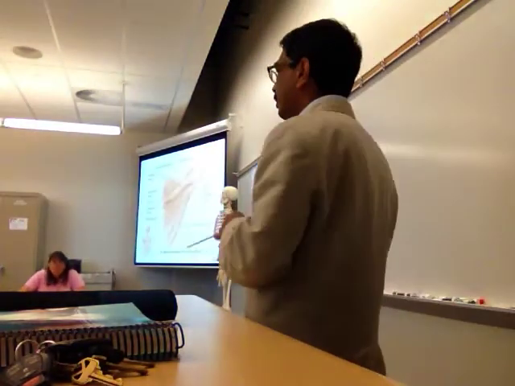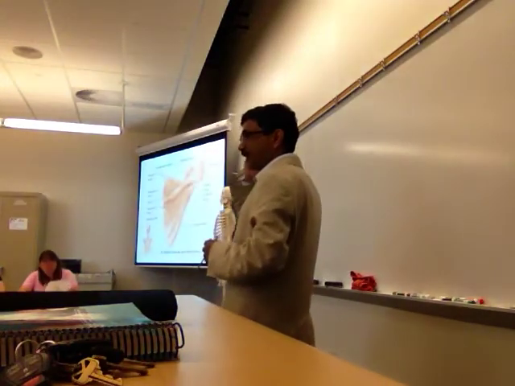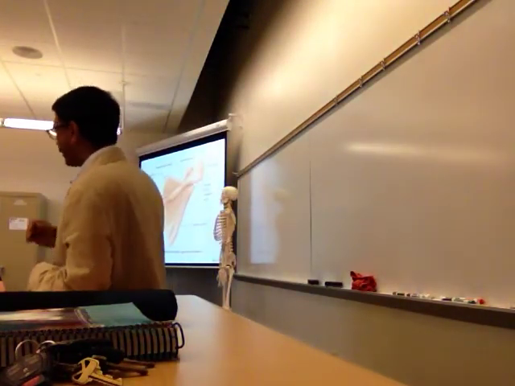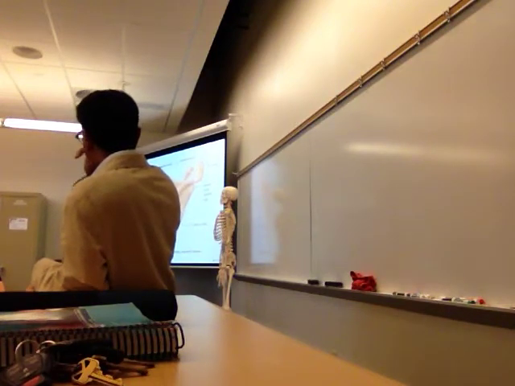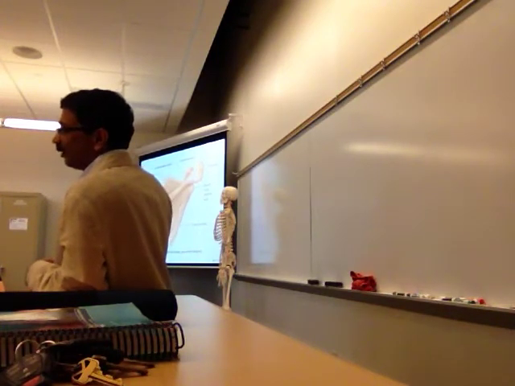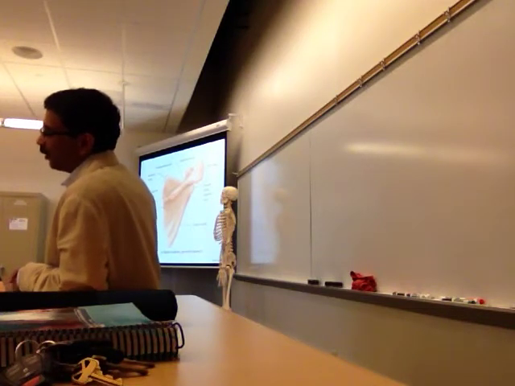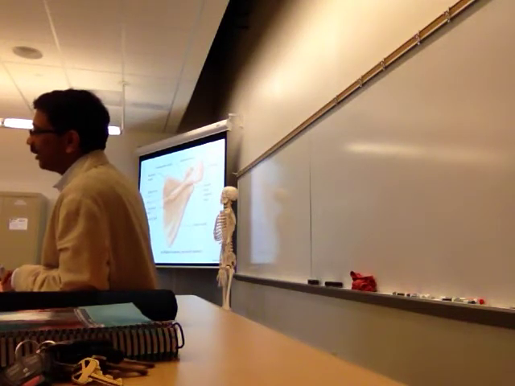Now this is the back of the scapula, the posterior surface. On this surface, you see a bony structure that arises from the back. That bony structure is called the spine.